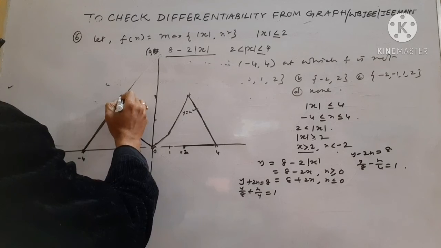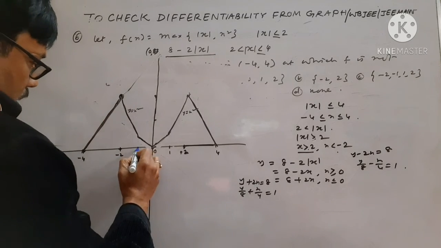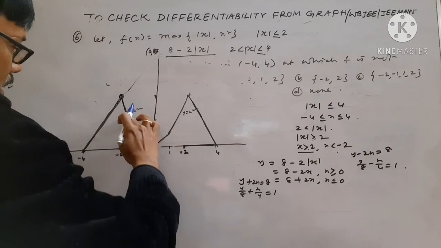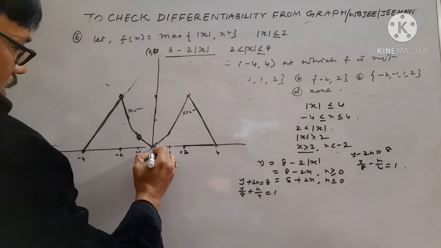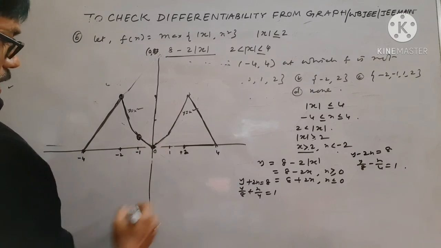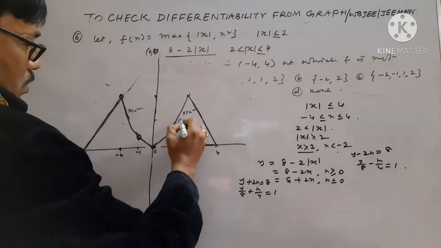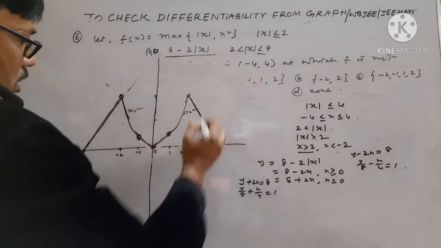So at x equals minus 2, there is a corner. At x equals minus 1, this is a parabolic arch and this is a straight line, so there is one corner. At |x|, this is one corner. This one is 1, but this is a parabolic arch. This is a corner, and this one is a corner.